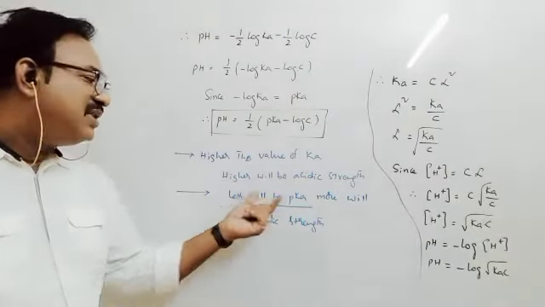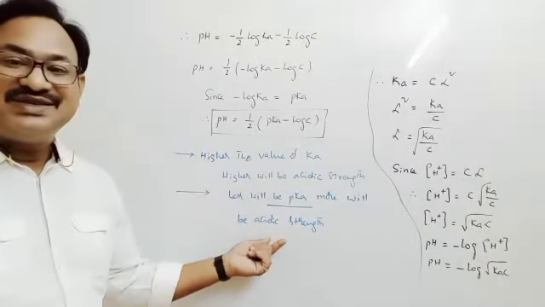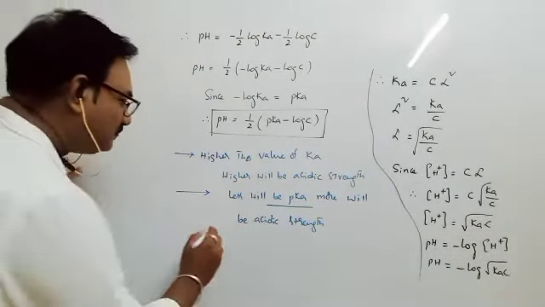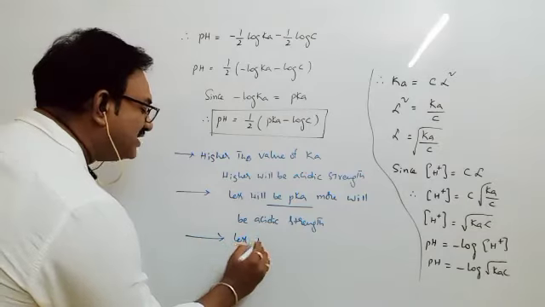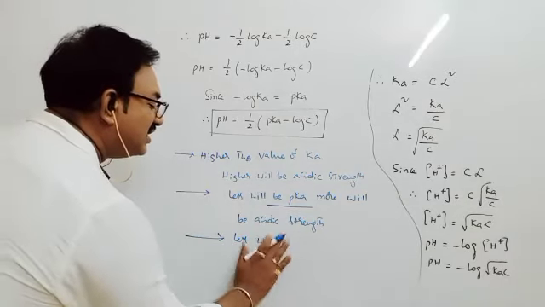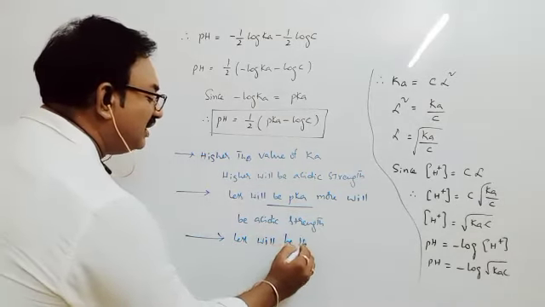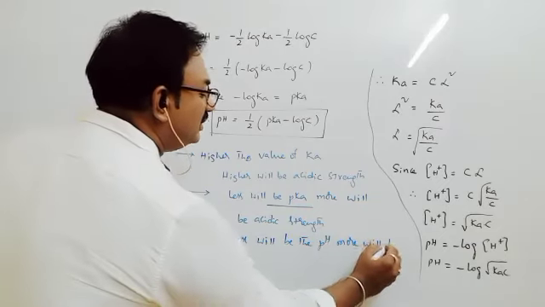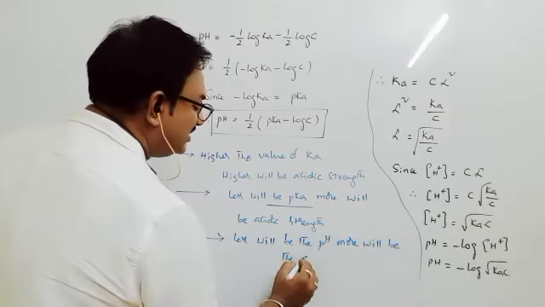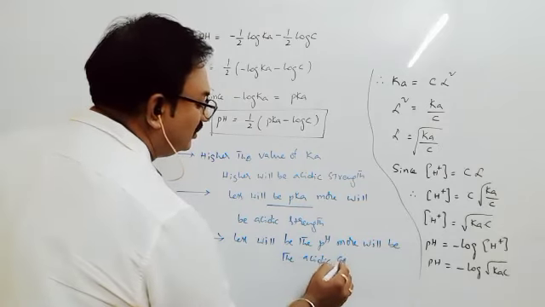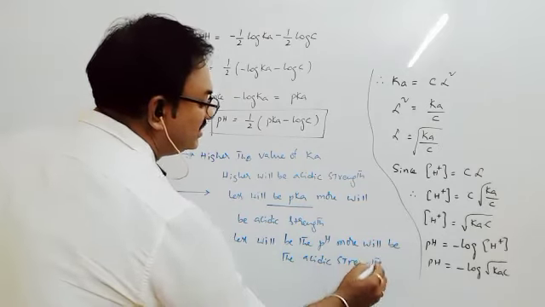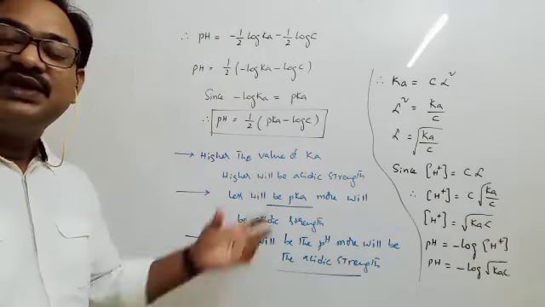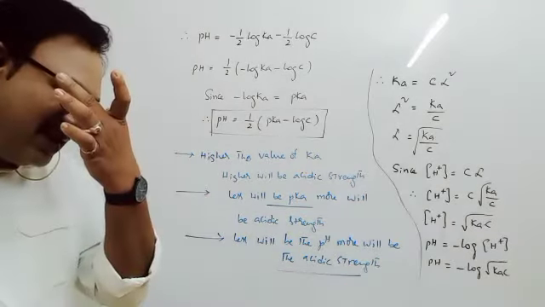Less will be the pKa, more will be the acidic strength. Understand? Next, one more. Less will be the pH, more will be the acidic strength. So this is about a weak acid according to Arrhenius theory.